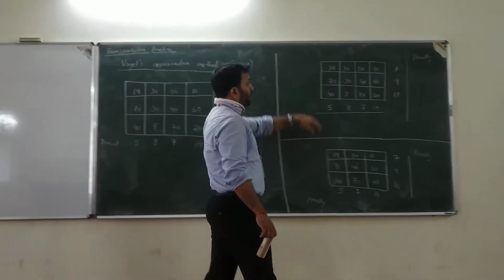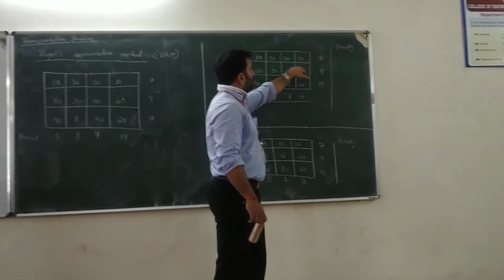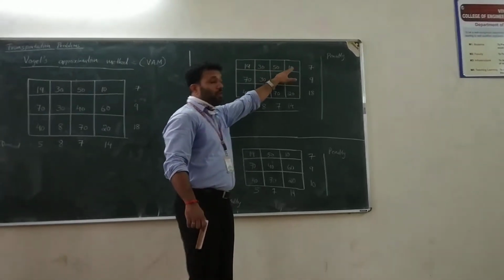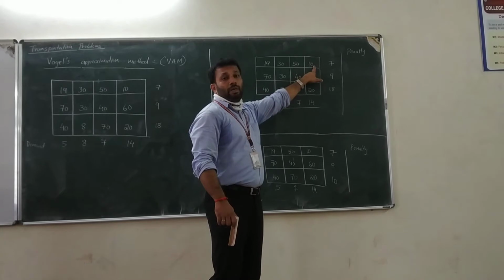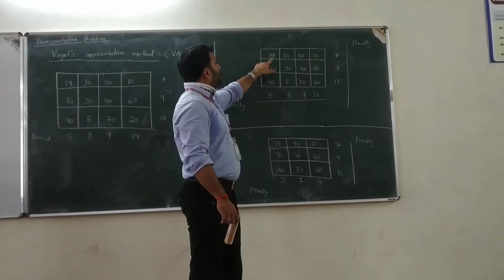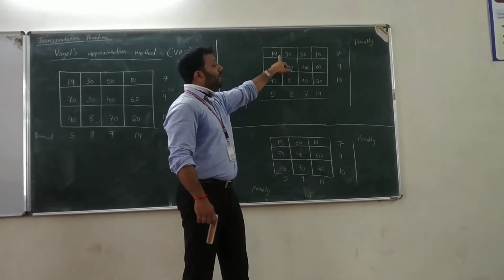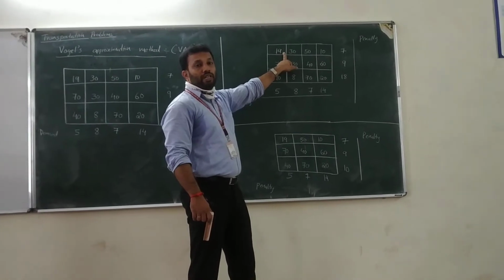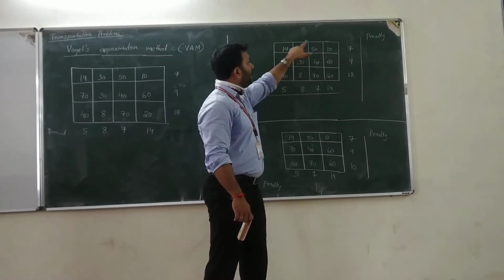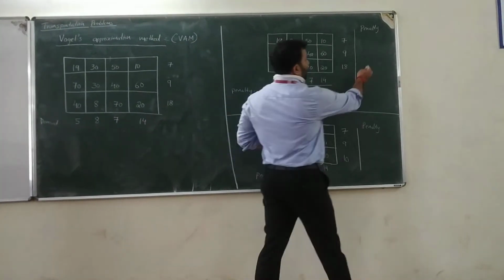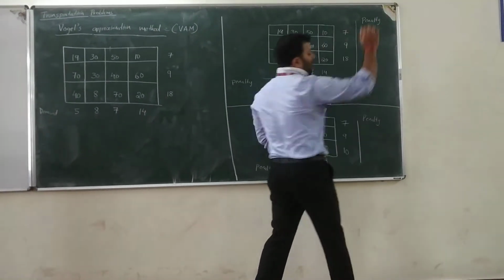Going to the first row, the minimum cost is 10 and the very next cost nearer to that is 19.